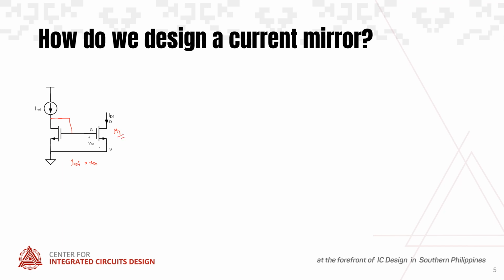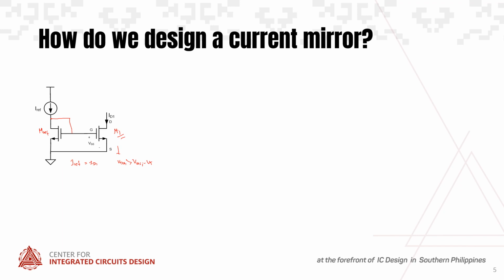So if we consider that this is always in saturation, take note and remember the drain source voltage equation: VDS must be greater than VGS1 minus VT, and this VGS1 is just equal to the VGS here since they are connected, and the VDS of this ref MOSFET.